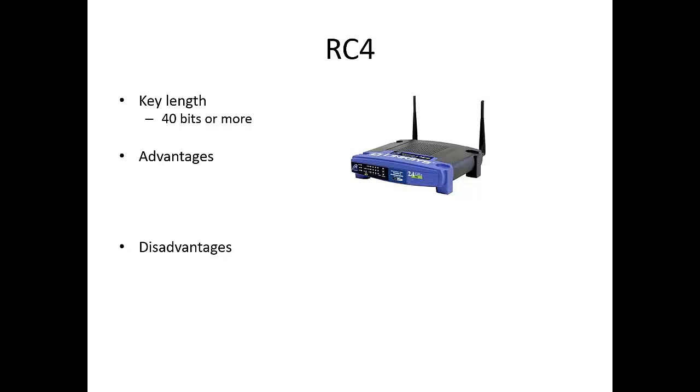The advantages of RC4 or ARC4 are the fact that it's pretty fast and it has a relatively small footprint, meaning it doesn't take up a lot of space and has a very small impact on performance.